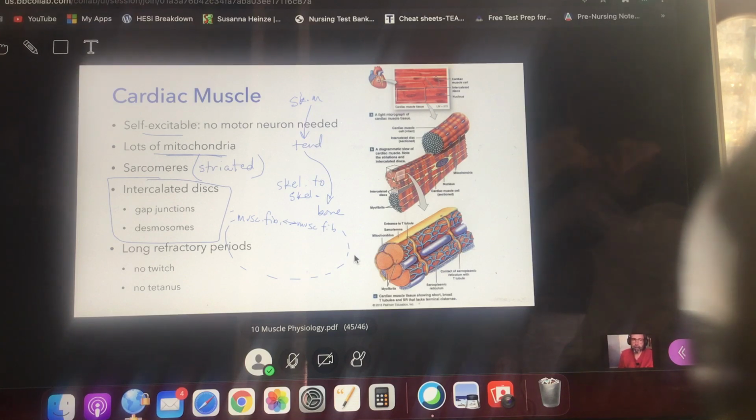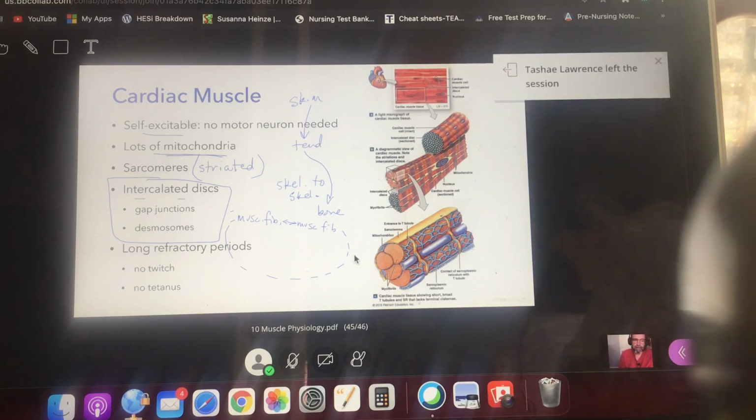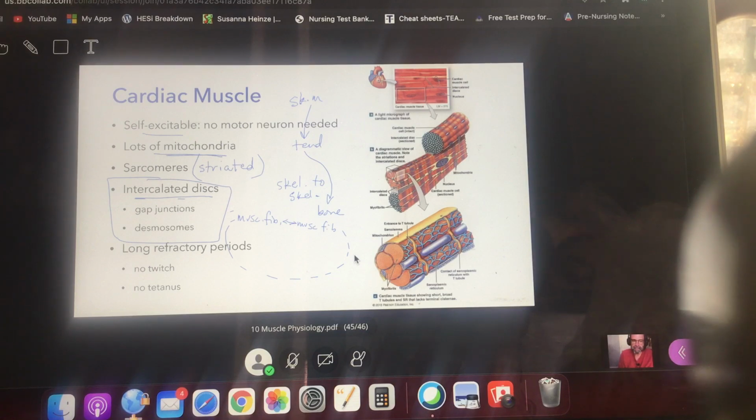So attachment points from one cardiac muscle cell to the next are called intercalated discs. Intercalated discs have two structures that keep them attached: desmosomes and gap junctions. The gap junctions actually have little holes in them that allow one cell to share ions with another cell. And the physiology of how that works is going to come into play next semester when we talk about cardiac muscle in more detail.